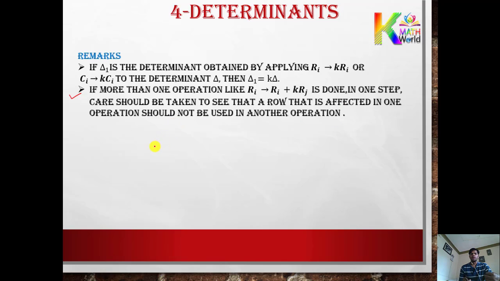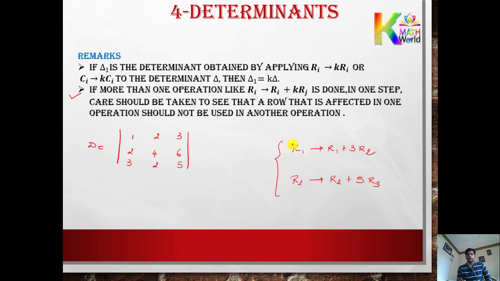It means, suppose you have a large determinant D: 1, 2, 3, 2, 4, 6, 3, 2, 5. And when you perform more than one operation, suppose on R1 performing R1 plus 3 R2, and on R2 performing R2 plus 5 R3.